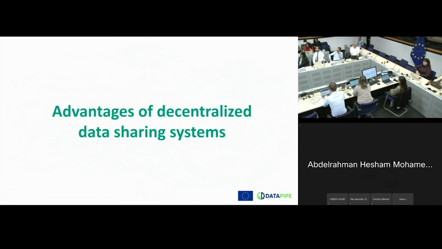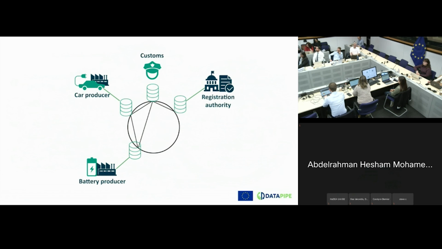While decentralized data sharing systems may require additional effort when being set up, they offer important advantages such as extensibility, flexibility, and combinability. Extensibility means that new data sources can be added to the system easily.